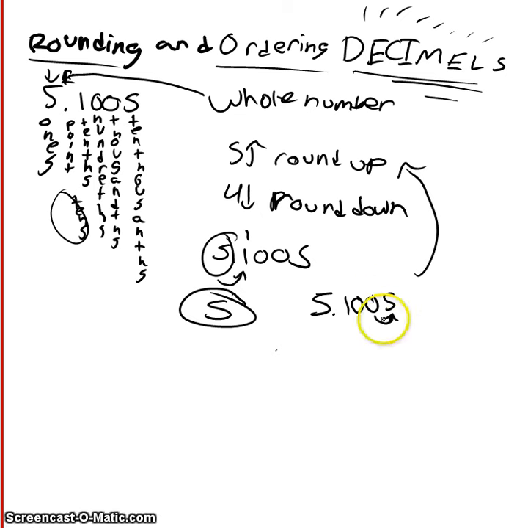So you would change this to a 0, and change this to a 1. Now the new number, after rounding to the nearest thousandths, is 5 and 101 thousandths. Okay, that's rounding decimals.